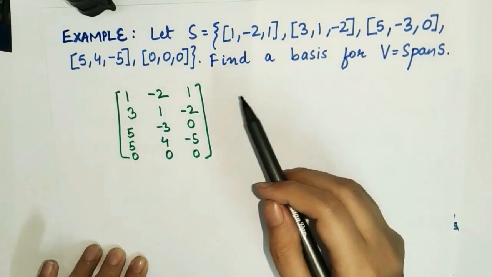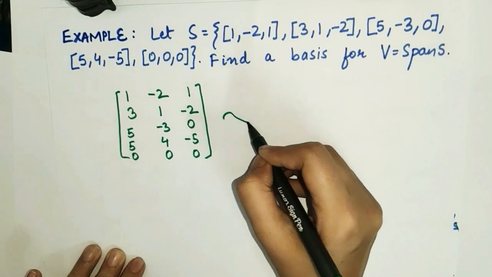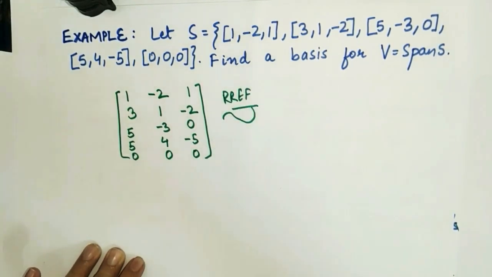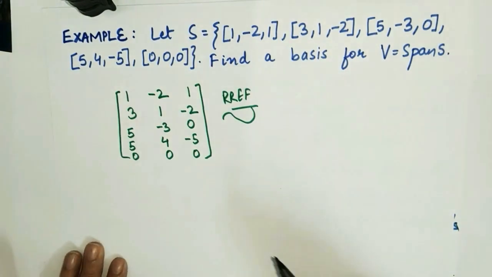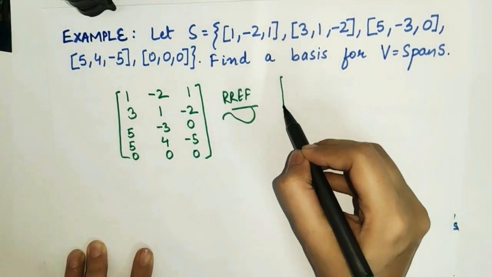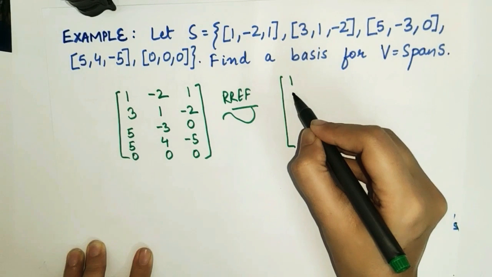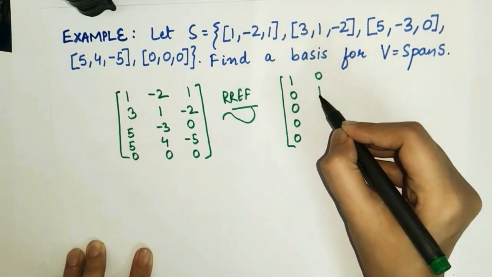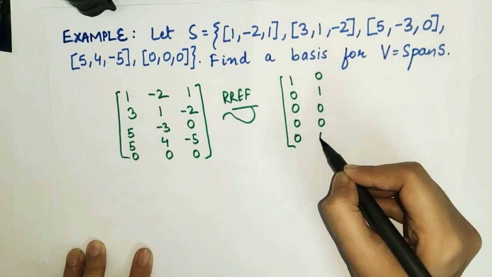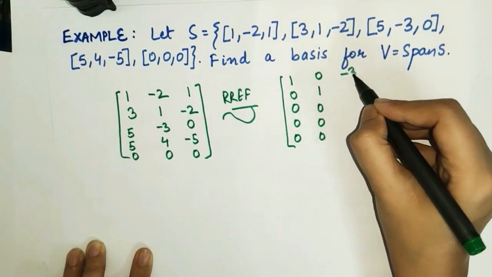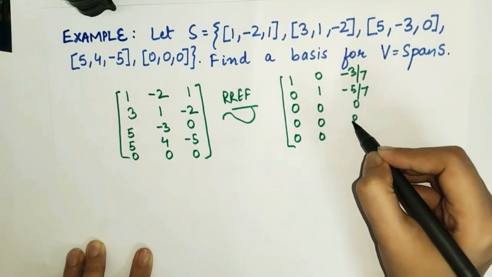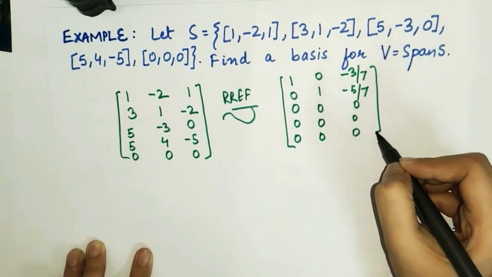After writing these vectors as rows, we again find the RREF. So the RREF here is coming out to be 1, 0, 0, 0, 0, 0, 1, 0, 0, 0, -3/7, -5/7, 0, 0, 0.